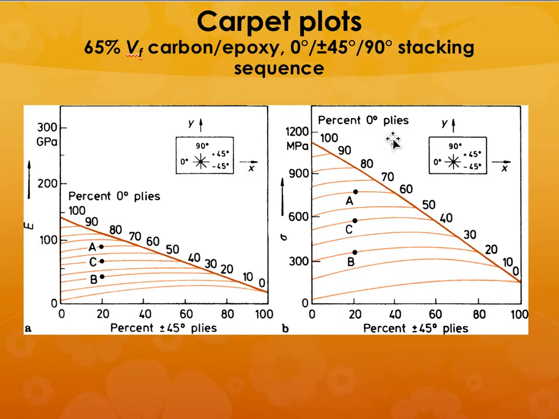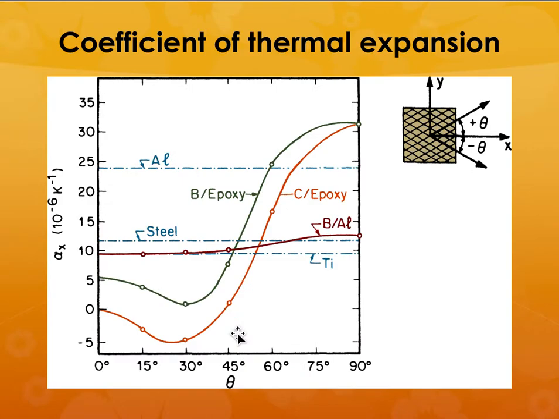Depending upon the amount of 0-degree plies, you can see that the tensile strength will also increase. And if you have a combination of plus minus 45 plies, that will also change.